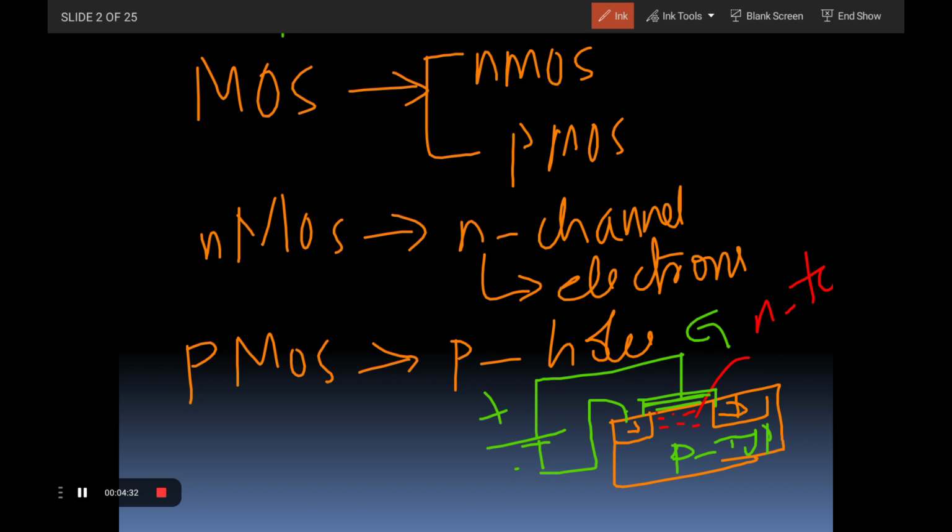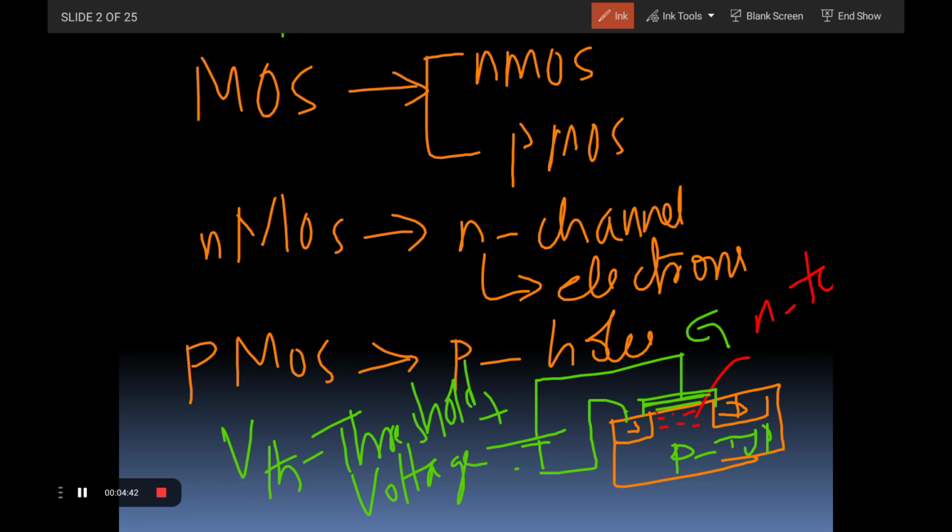So here one important thing is VTH. VTH is the threshold voltage. Threshold voltage means the amount of voltage required to establish a channel between source and drain, or the amount of voltage required to conduct a MOS transistor.